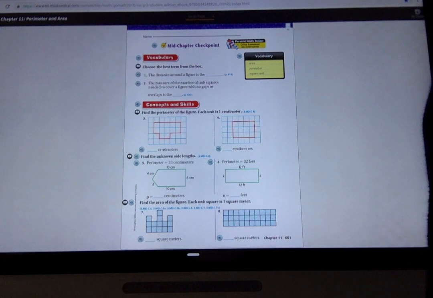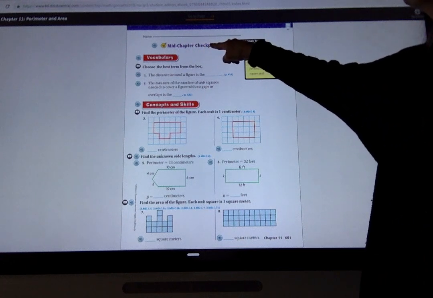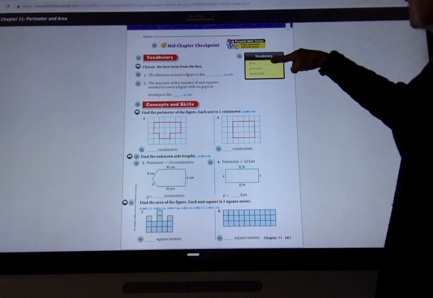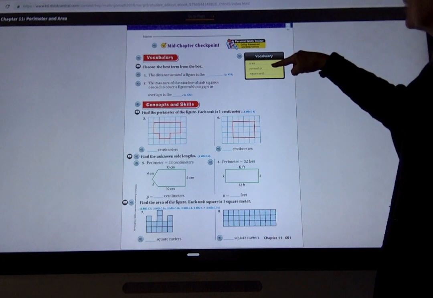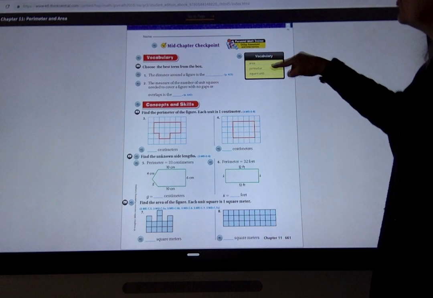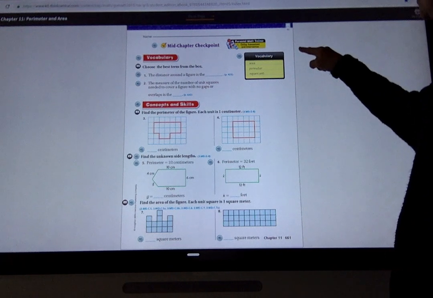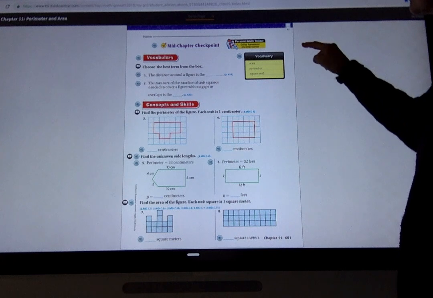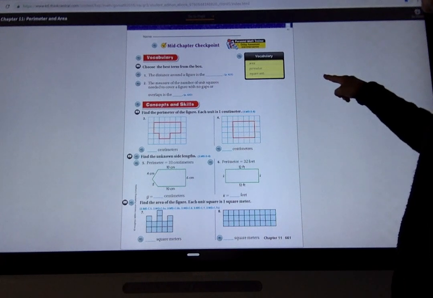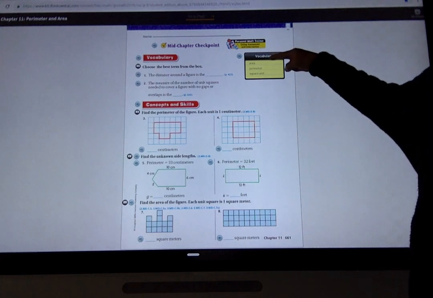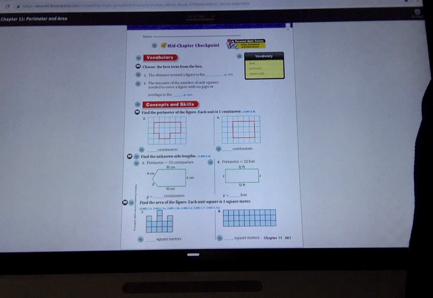At the top it says mid-chapter checkpoint, and here are the vocabulary words: area, perimeter, square unit. We learned that the distance around a figure, just the outside edge around the figure, is the... choose one of these words: is that the area, the perimeter, or the square unit?